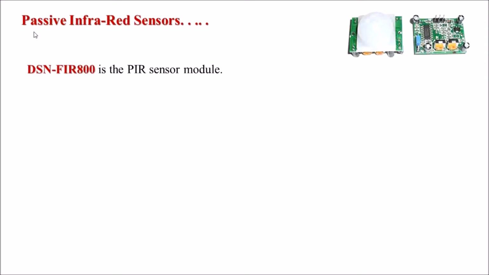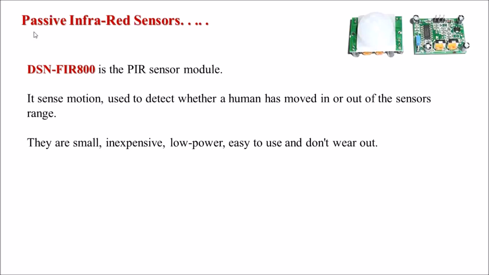As an example, this is the part number of one PIR sensor, the DSN FIR 800. It is used to detect whether a human has moved in or out of the sensor's range. They are small, inexpensive, low power, easy to use and do not wear out.